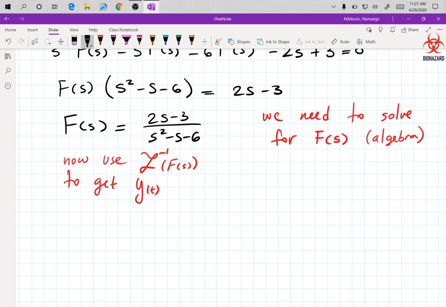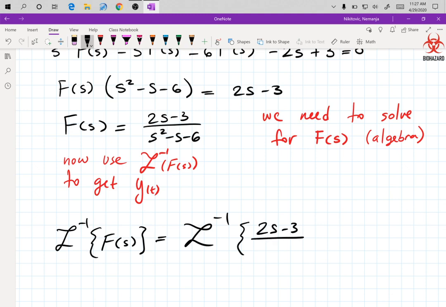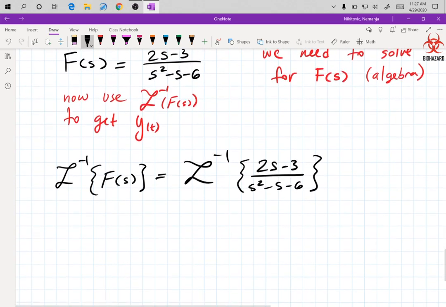And now we are supposed to apply inverse Laplace to F of s, which would be inverse Laplace of 2s minus 3 divided by s squared minus s minus 6. This over here gives you y of t, and the other side, hey, it's partial fraction decomposition, and then using the chart for inverse Laplace.